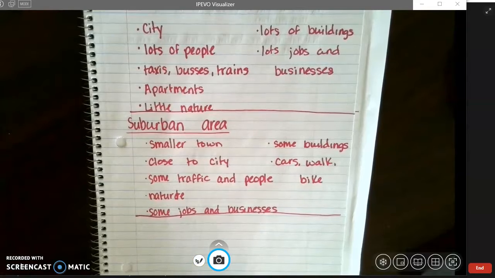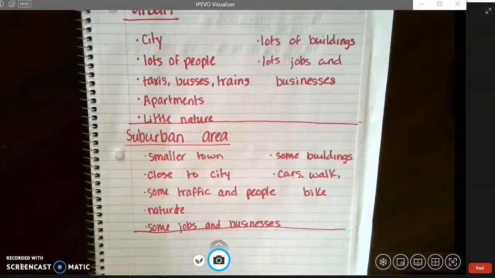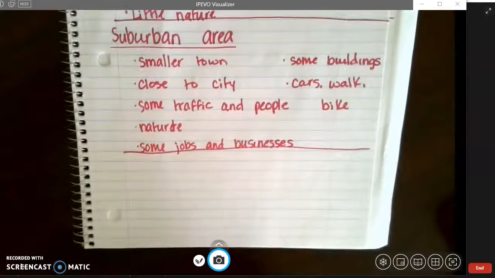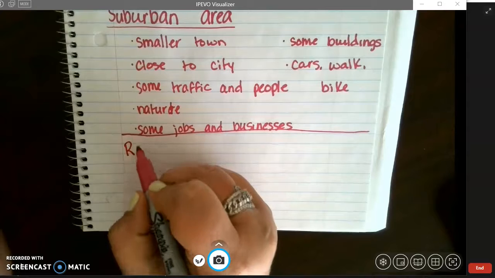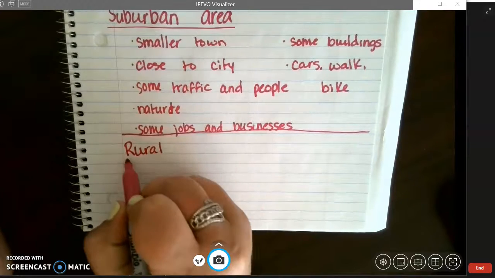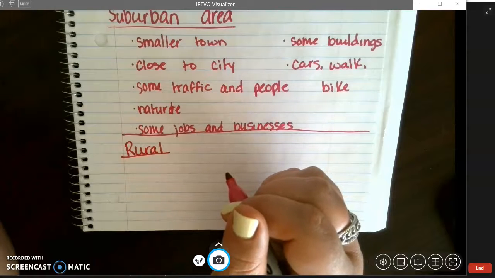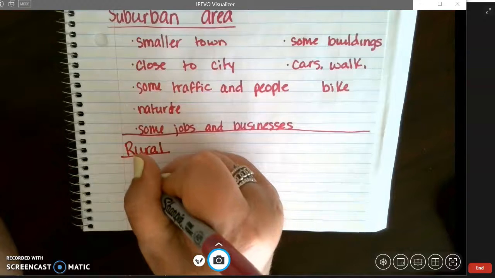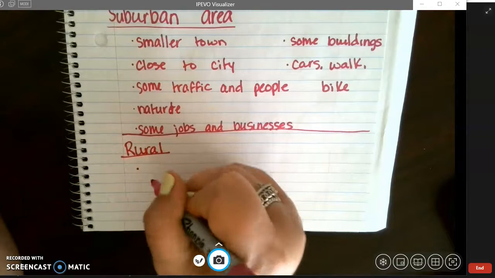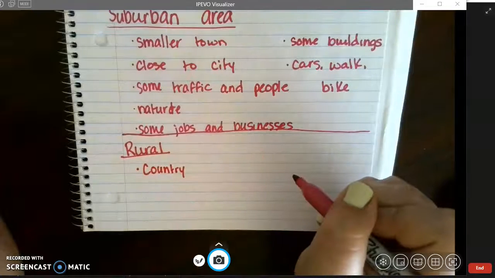If you need a pause for either one of these categories, go ahead and do that before I move my document camera. Then we're going to look at the rural area. Rural area is where I am most comfortable, just because it's less crowded, it's less people, it's less claustrophobic for me. Some people classify the rural area as the country. Many people would say that Brooklyn or Napoleon is a rural area.